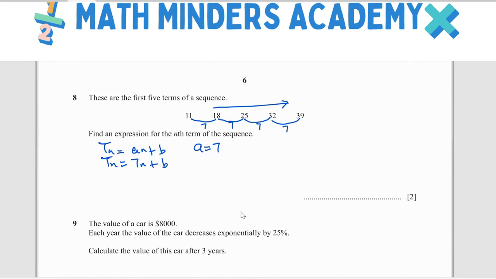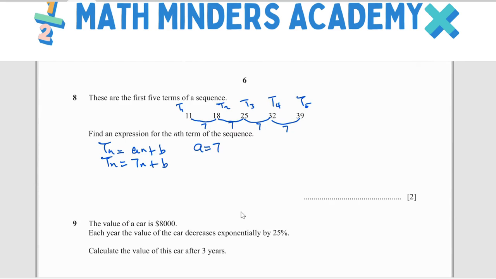For us to get what b is, remember that this is T1, this is T2, this is the third term, this is the fourth term, and this is the fifth term. So pick any of the terms here.